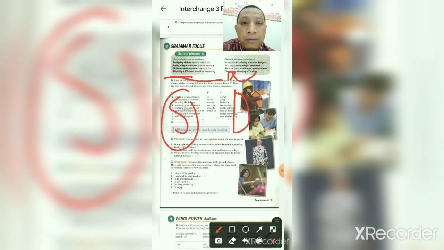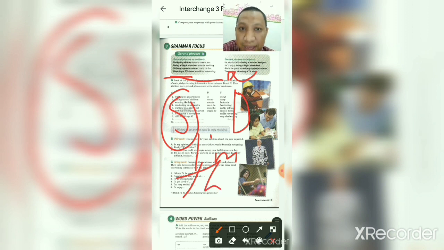And how about a gerund phrase as an object after a preposition? So I want to give another example. For example, like this: I am thinking about directing a TV show. About is a preposition, so you have to add after about, directing a TV show. So directing a TV show happens after the preposition about.